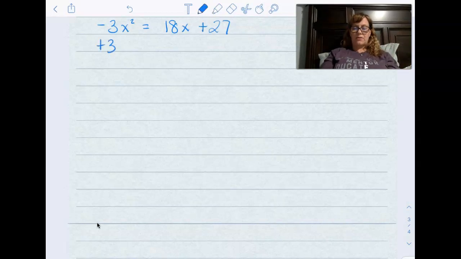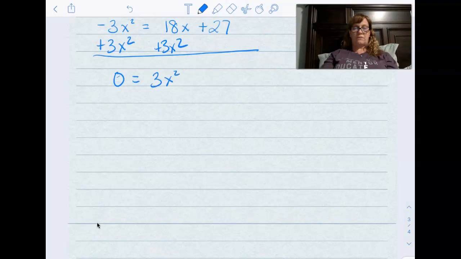If we add 3x squared to this side, that means we've got to add it to the other side. Negative 3x squared plus 3x squared is going to be our 0 that we're looking for. And then now we have our positive coefficient in front of the x squared.